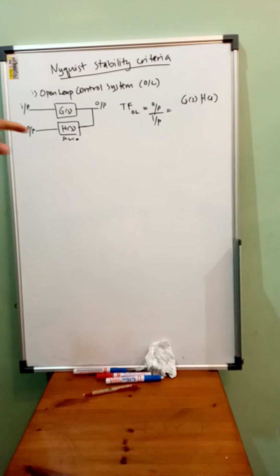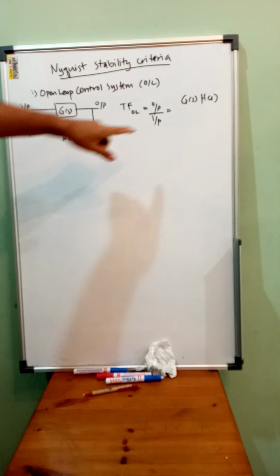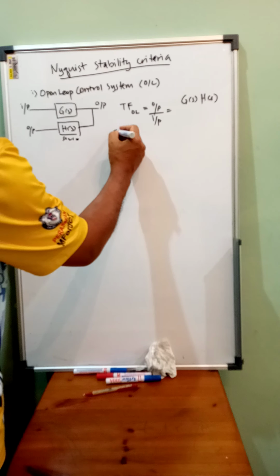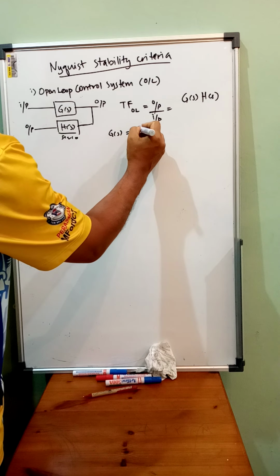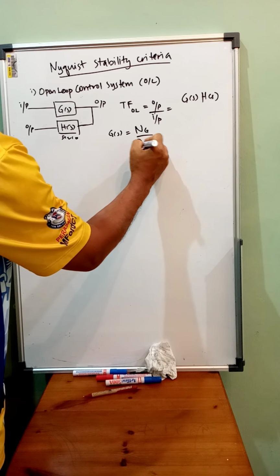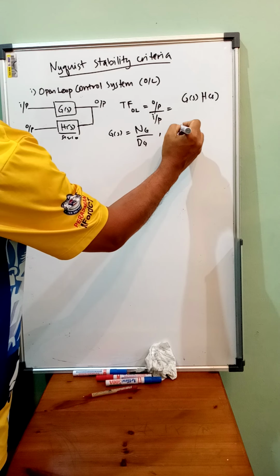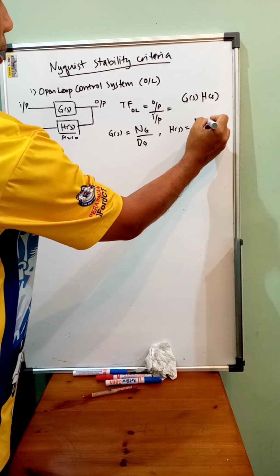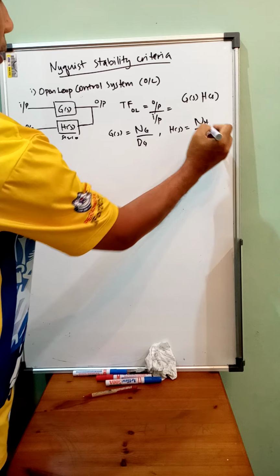We also know that G(s) and H(s) are polynomial equations, so there will be a numerator and a denominator. Let's assume G(s) equals numerator NG over denominator dG, and H(s) equals numerator NH over denominator dH.